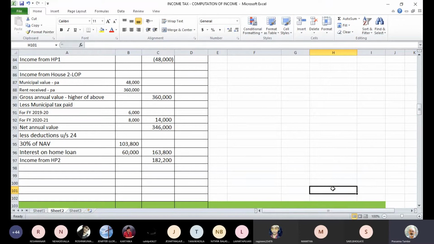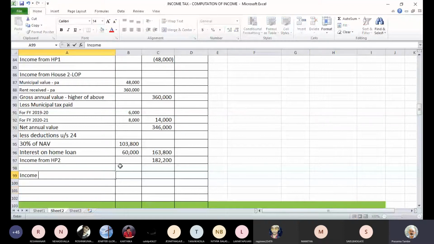Now, first property HP1 has resulted into a loss, and second property is a positive income of 1,82,200. So this loss of self-occupied property HP1 will be eligible for a set-off against the positive income of HP2, and then the net of this will be taken to the outer column as income from house property.